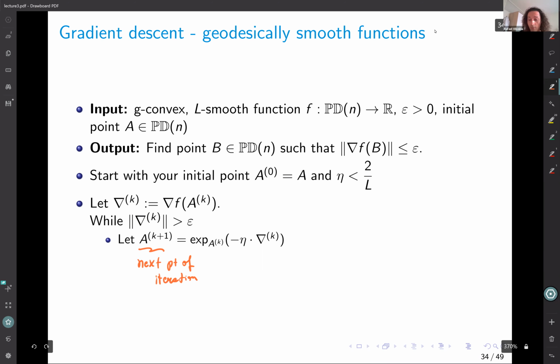If you remember, the gradient descent takes x_{k+1} to be equal to x_k minus eta times the gradient at time k.